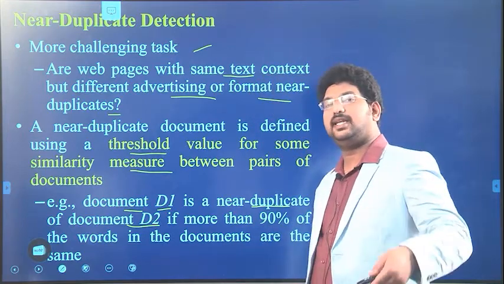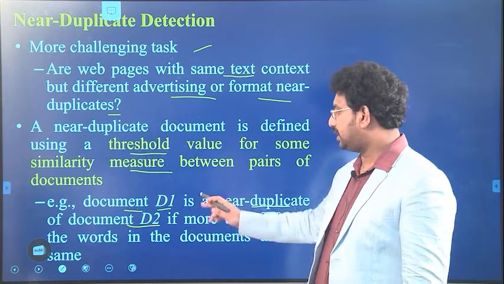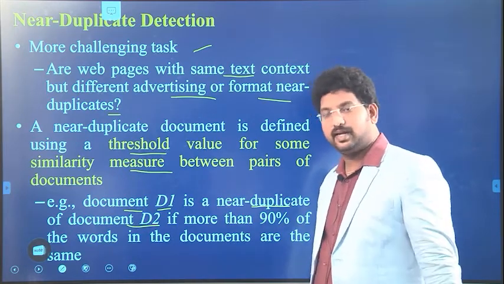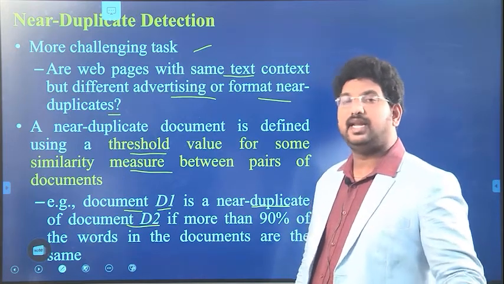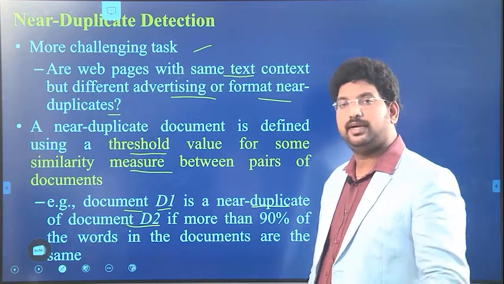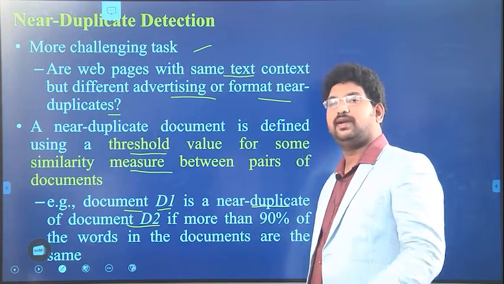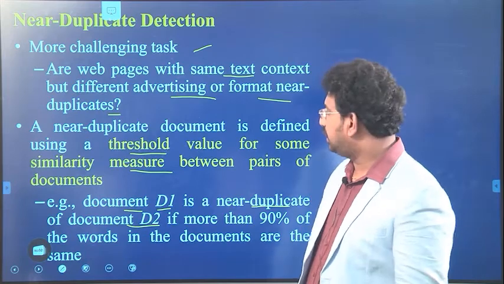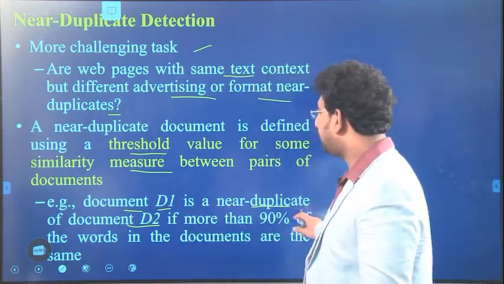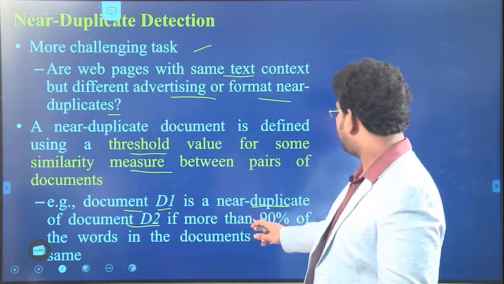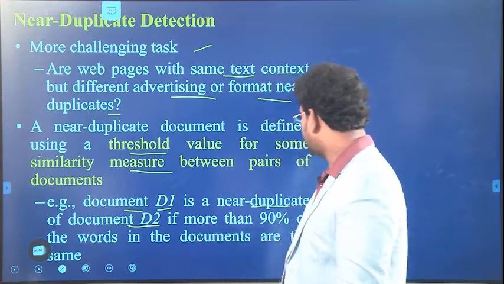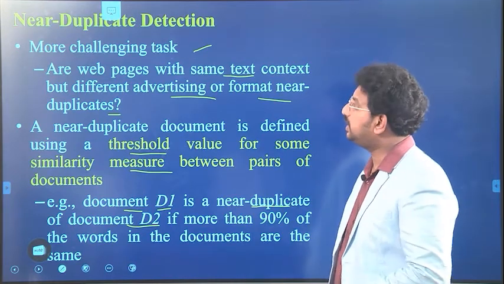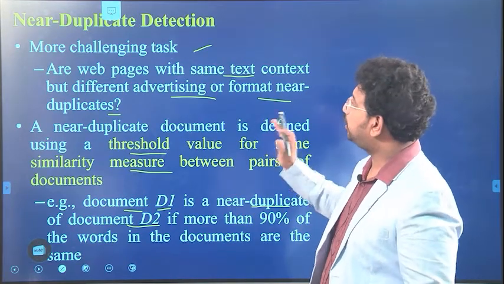The words present in document D1, if they are mapped with 90% of the words in document D2, then we can say D1 is a near duplicate of D2, or D2 is a near duplicate of D1. More than 90% of the words need to be the same. So this is what a near duplicate is.